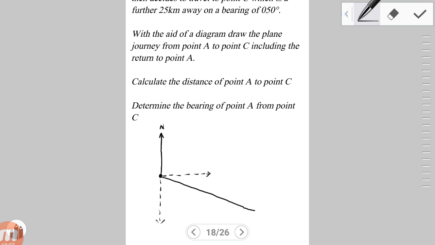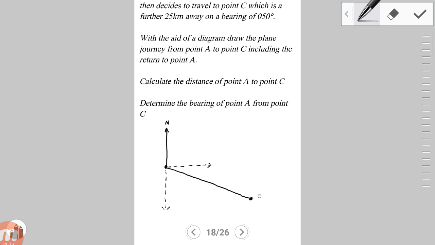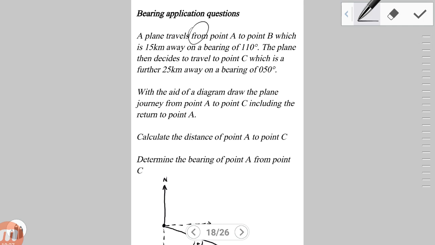Okay, and so we can put point B anywhere here, and that is point B. All right, and so this distance here is going to be 15 kilometers away. Okay, all right, good. So that piece of information is implemented.